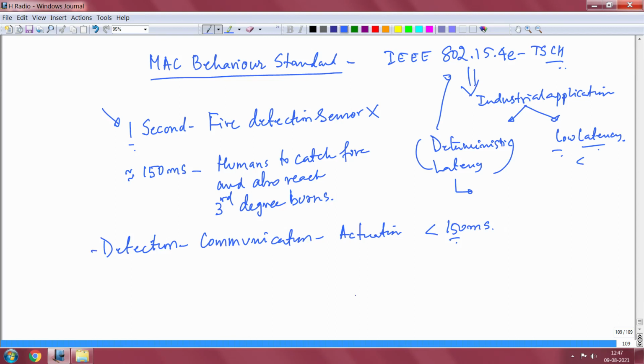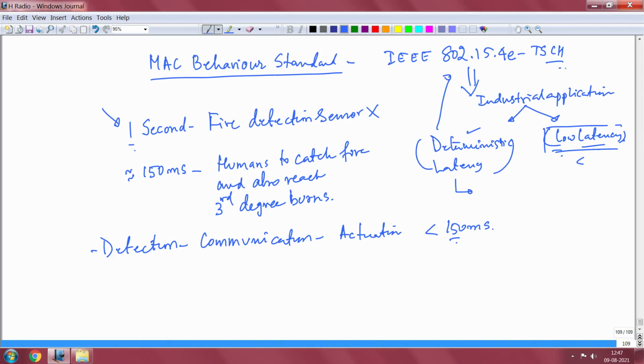So while we do not have time to really look at the low latency part, I can excite you on the deterministic latency part, and essentially the 15.4e TSCH standard, which is a very important thing.